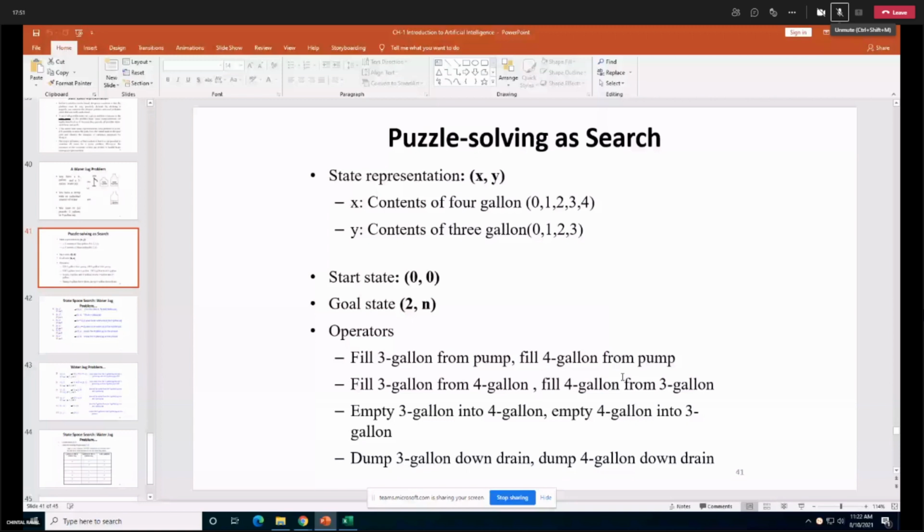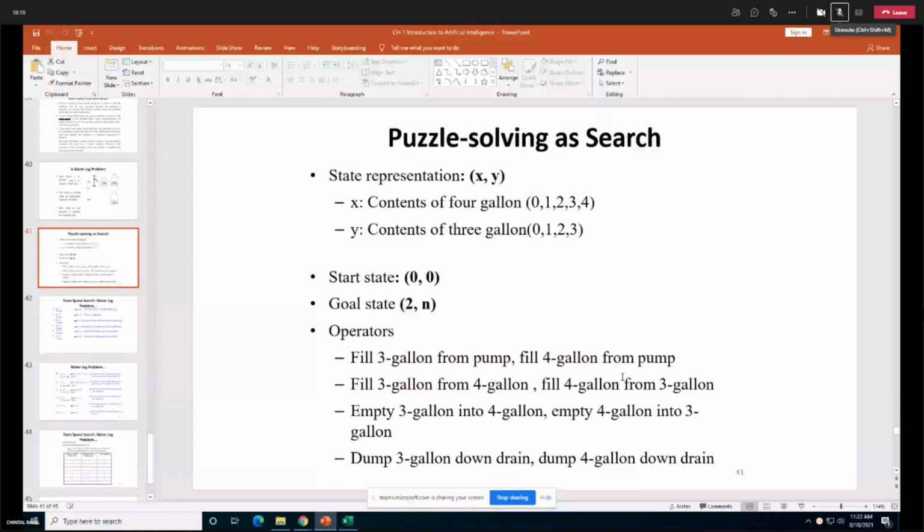Goal state. The goal state is (2, n), where the possible values of n could be 0, 1, 2 and 3. So the acceptable solutions are (2, 0), (2, 1), (2, 2) and (2, 3). The goal state is that we need to have exactly 2 gallons of water in the 4-gallon jug.